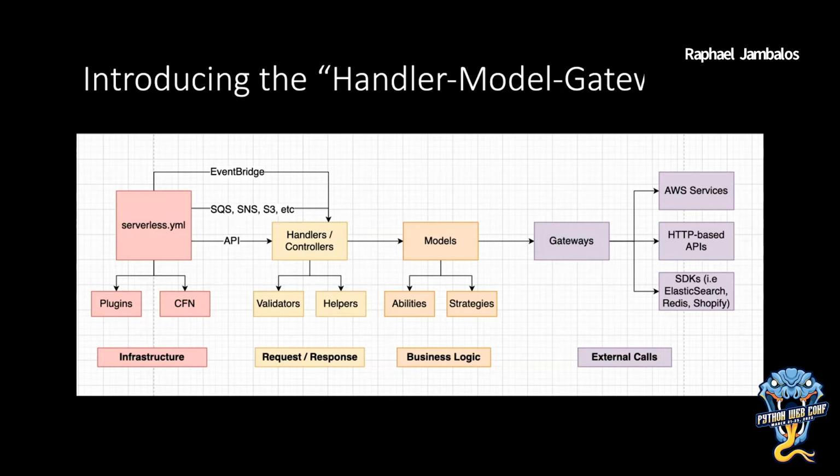One of the things that continuously comes up with models is that the model files tend to be large. With large model files, maybe 3,000 lines of product.py, the code tends to be super messy. So for that, we suggest the abilities pattern and the strategies pattern. We'll see that in a bit.